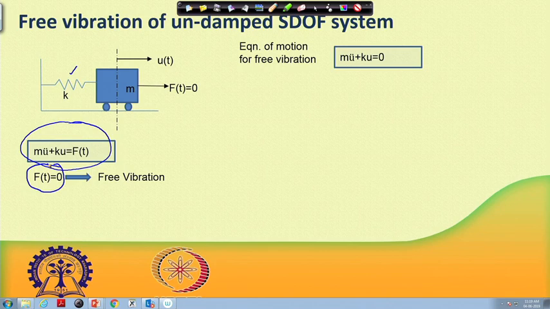At t equals 0, or at a certain time instant, we will give some displacement or velocity to the body, and because of this excitation, the body will start vibrating about its position of equilibrium.